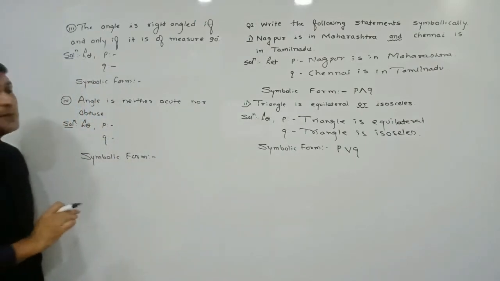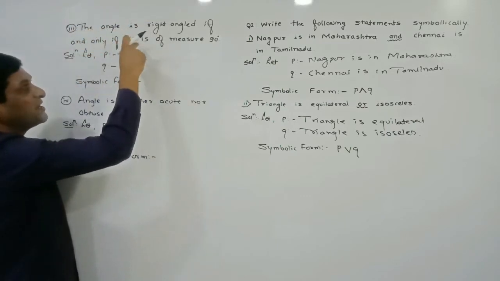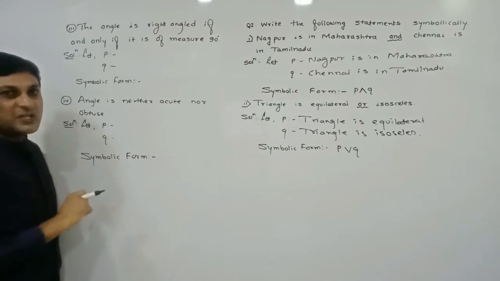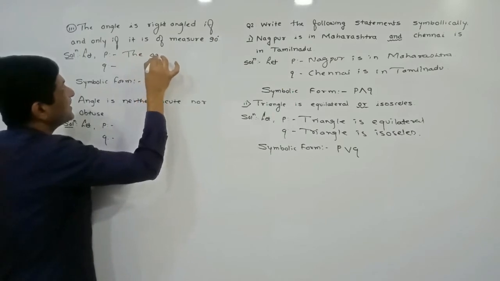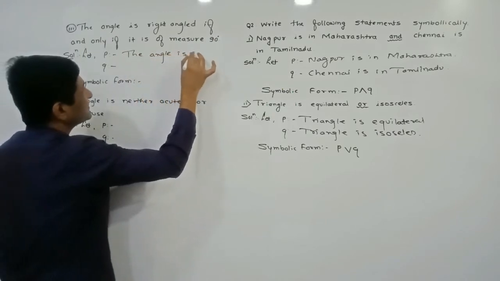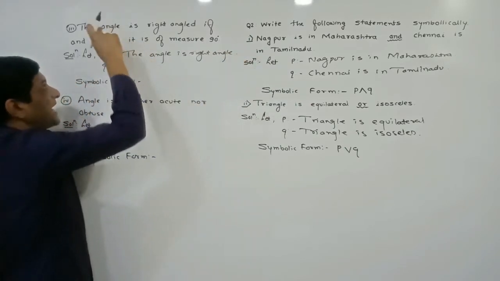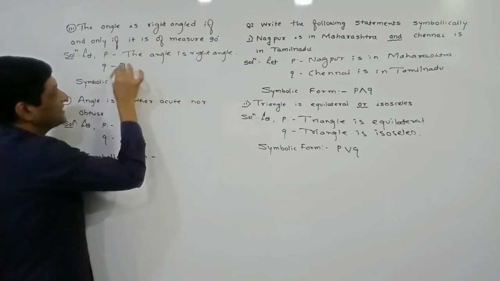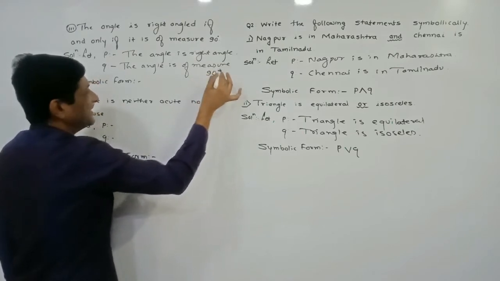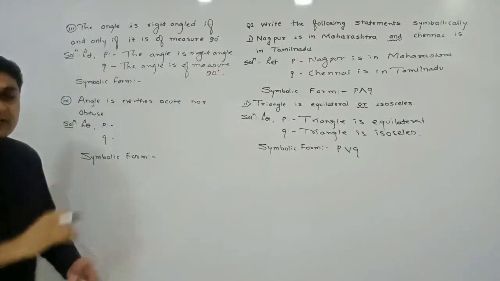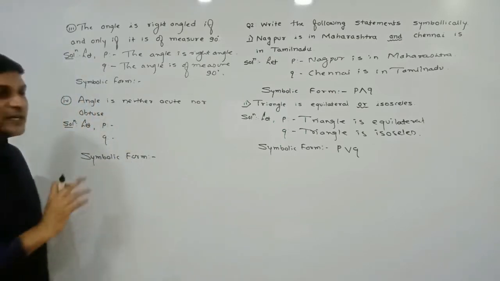See the third example. The given statement is: the angle is a right angle if and only if it is of measure 90 degrees. The first part, the angle is a right angle, we are denoting by P. The second part, the angle is of measure 90 degrees, we are denoting by Q. Once the first part is denoted by P and the second part by Q, the remaining part is to convert it into symbolic form.